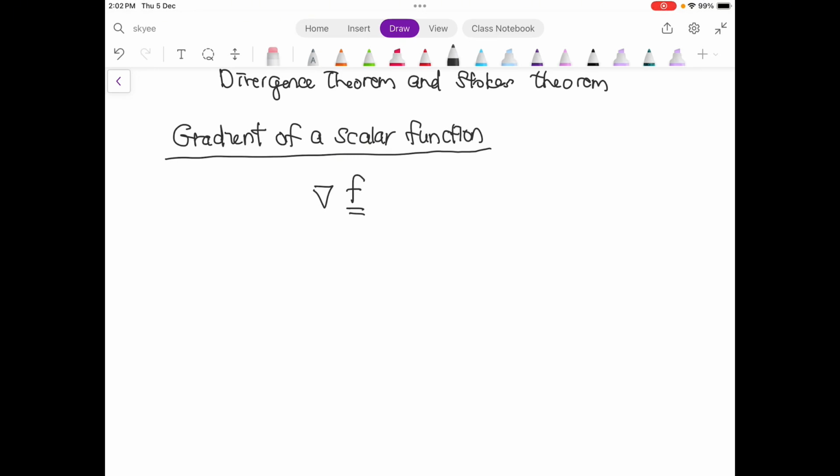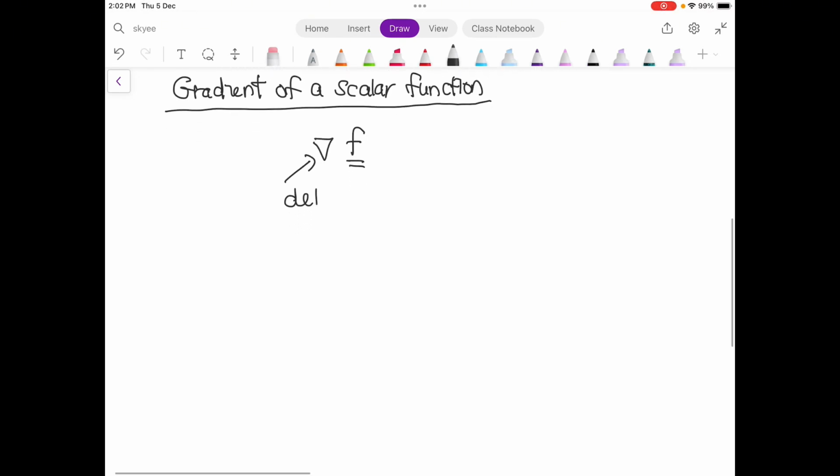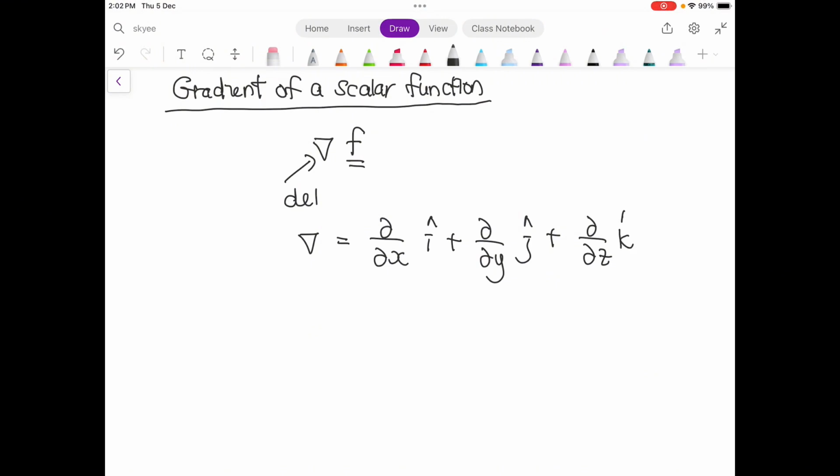When you put it together with this symbol, the del operator, we call it the gradient of a scalar function. Here you need to know that the del can be represented by d/dx i plus d/dy j plus d/dz k.